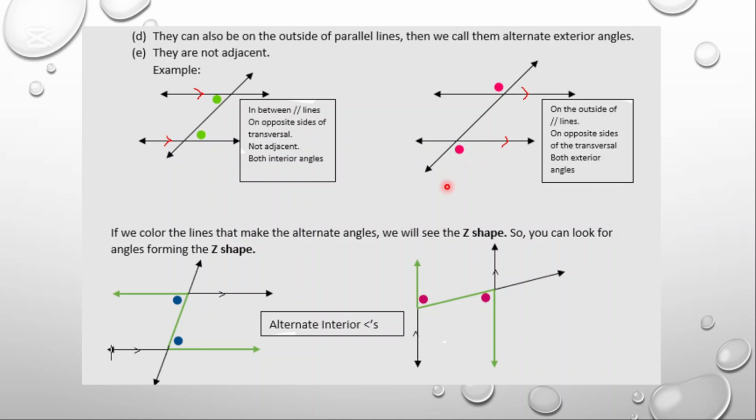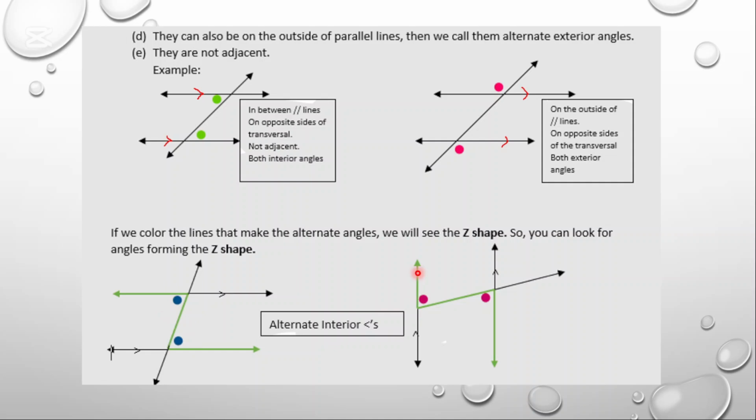exterior angles. If we color the lines that make the alternate angles, we will see the Z shape. Here the green, right? I see a Z. So you can look for angles forming the Z shape. There, there, and there. Both interior on the opposite side of the transversal. This side, that side.